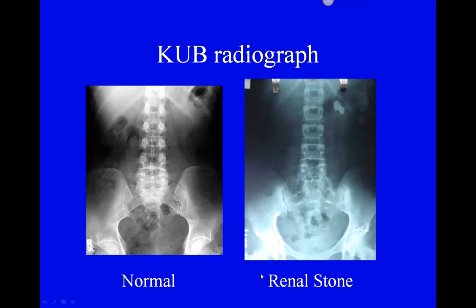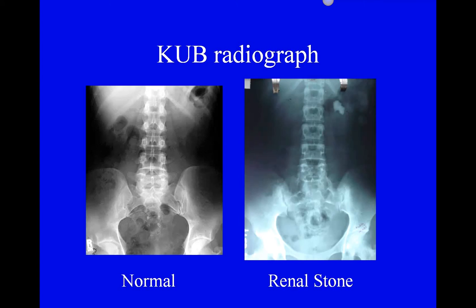A KUB radiograph, and what it stands for is K is for kidney, U is for ureter, and B is for bladder. And I'm jumping around just a little bit in your notes. This is on page 2, a KUB radiograph. And it's essentially just doing a plain film, and by plain we mean P-L-A-I-N.